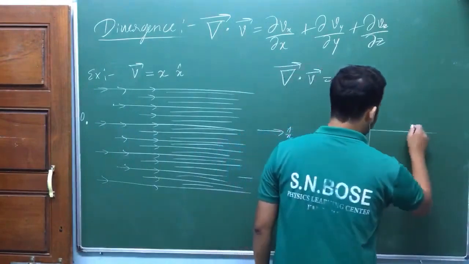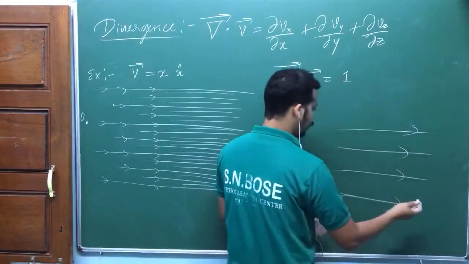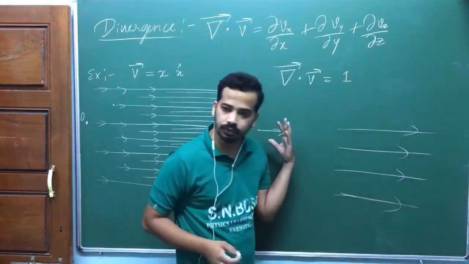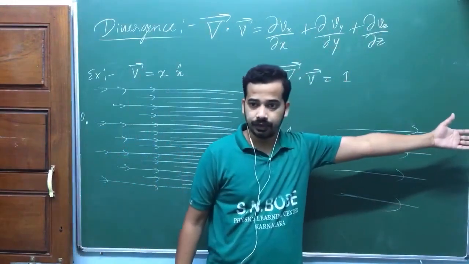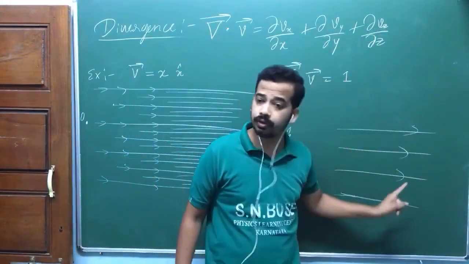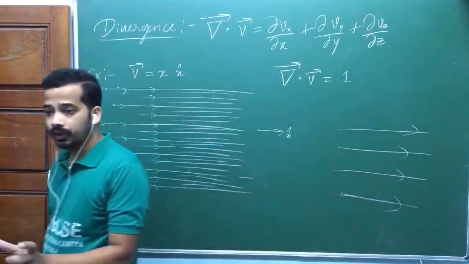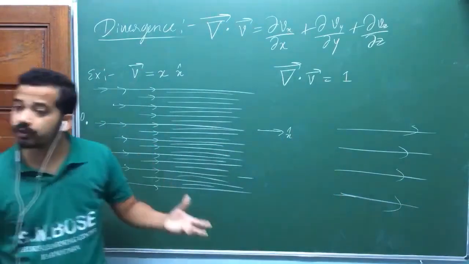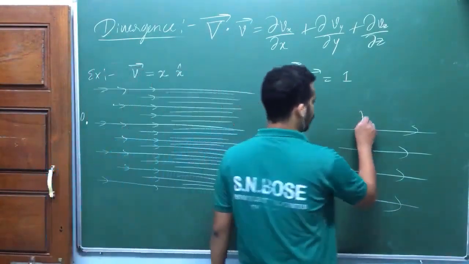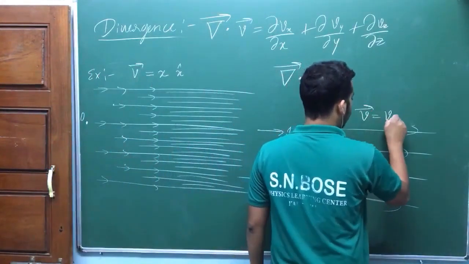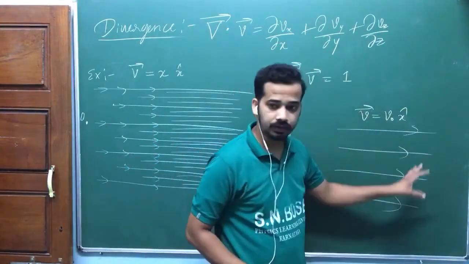If you have a uniform vector field, these field lines start from some source which is very far away, and they end at infinity. Here there is no source of vector field. So that's why your divergence was 0, because divergence tells whether there is a source of vector field or not. In the case of a uniform vector field, V is equal to V naught into x cap, there was no source in our region of interest.